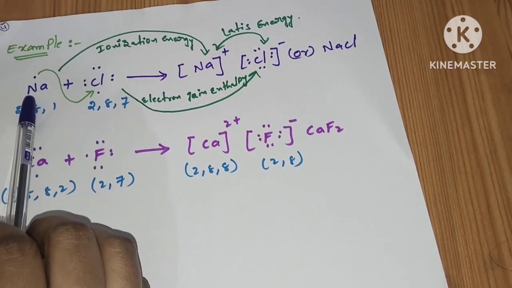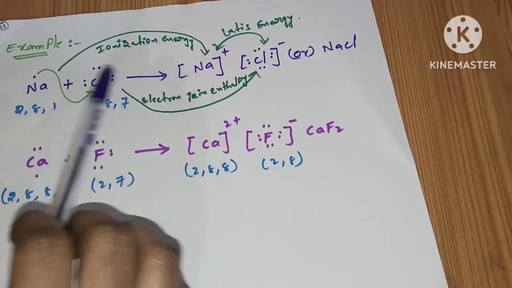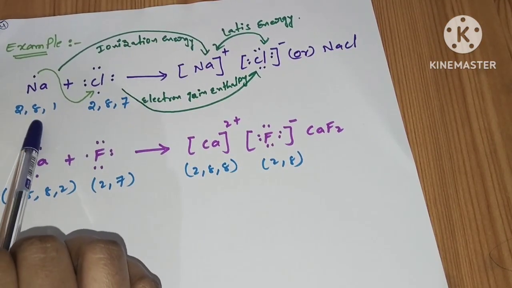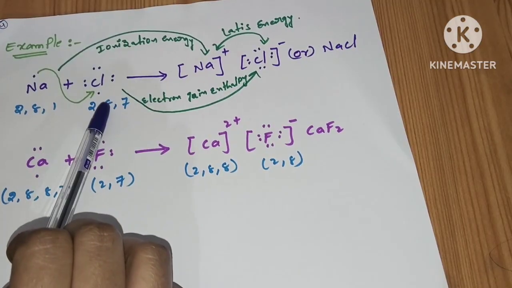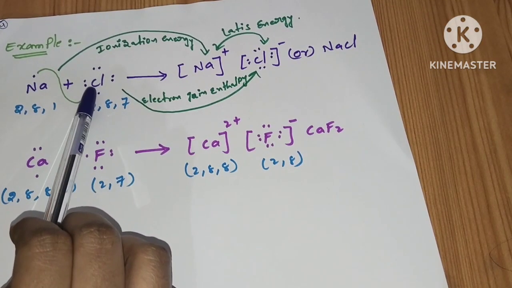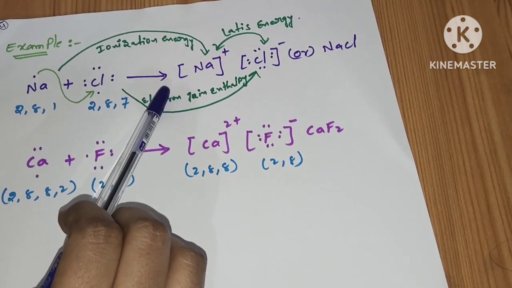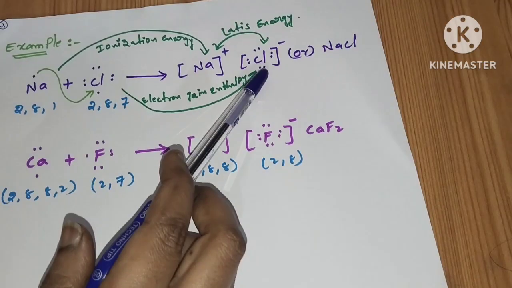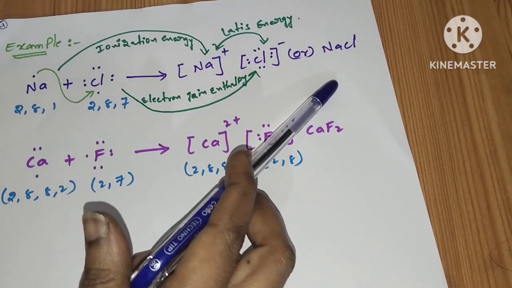For example, we will take NaCl. In this case, sodium configuration is 2,8,1 and chlorine configuration is 2,8,7. Now this one electron will transfer to chlorine, forming the Na+ and Cl- ions, or we can say NaCl.